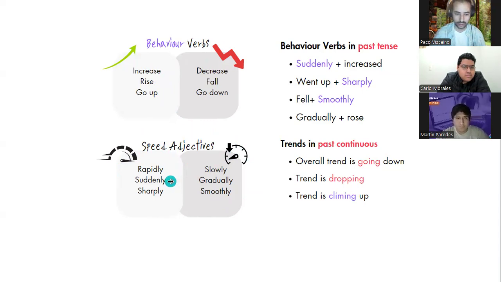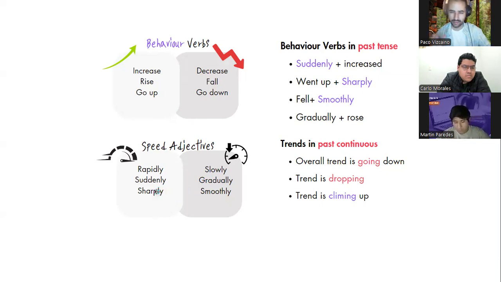For example, suddenly and gradually. Suddenly means de repente o repentinamente, ¿no? Gradually means gradualmente, same as Spanish. Sharply and smoothly.